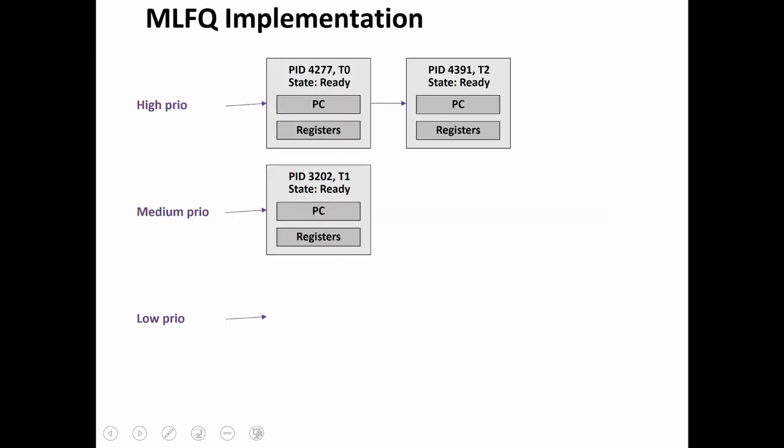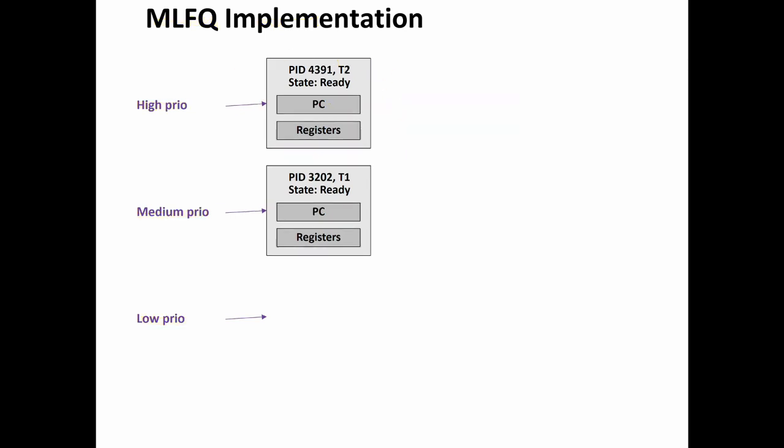Now let's look at this to understand the rationale. Here we have our multi-level feedback queue implementation. We have three priority queues: high priority, medium priority, and low priority. In the high priority queue, we have two threads, and we pick one of them. Let's pick this one. We run it, and then do a round robin among these two.